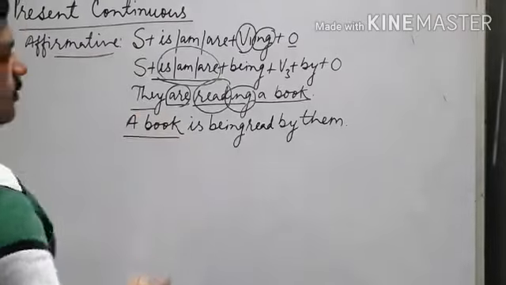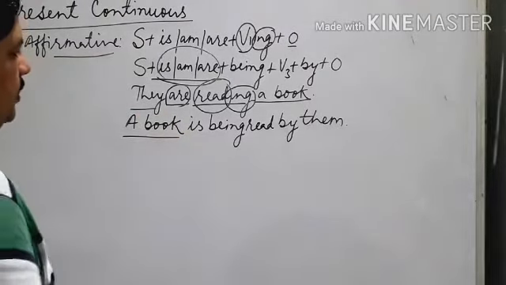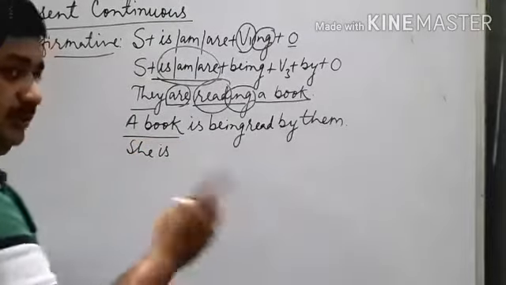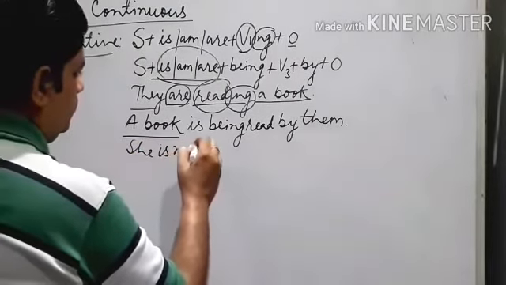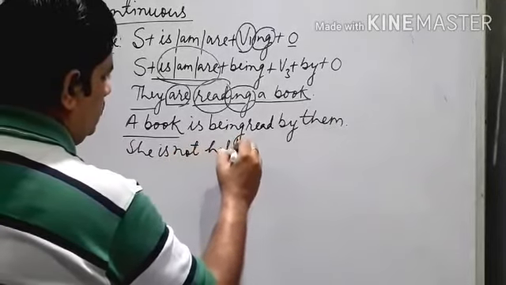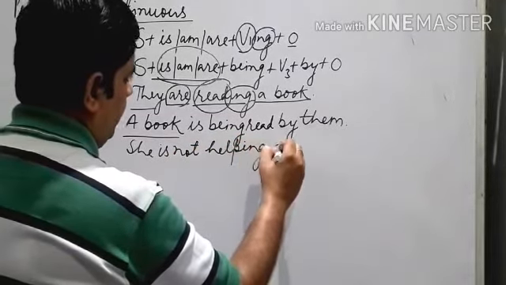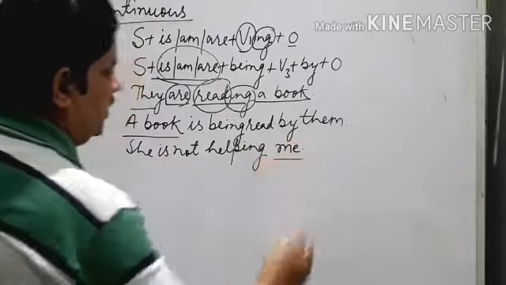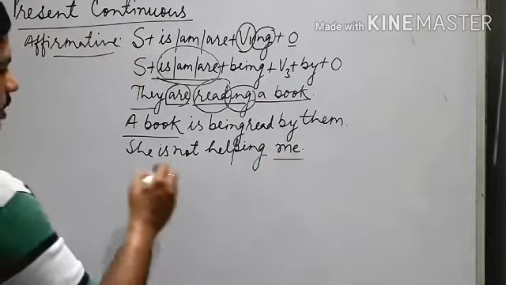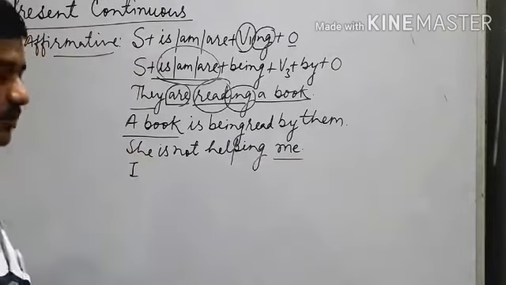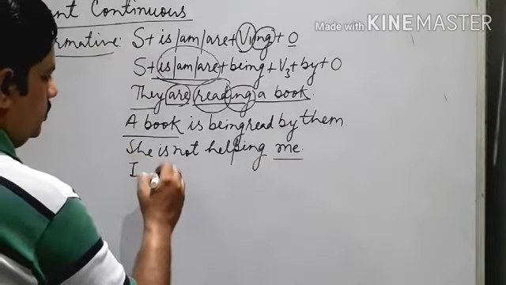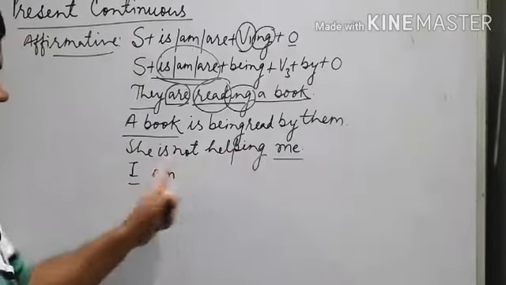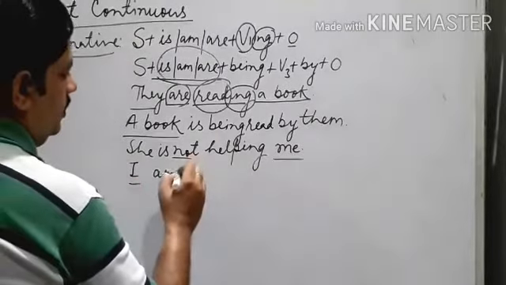When you change the same type of sentence into negative, that is also very easy. The same type of sentence, like, she is not helping me. So again, this singular first person object converts into subject I. Then we use am according to this changed subject, I am.